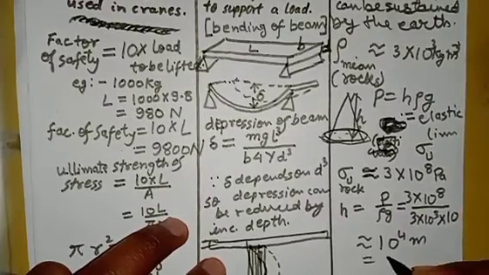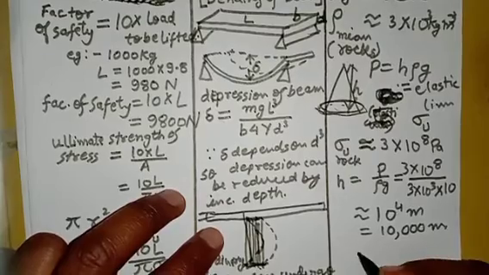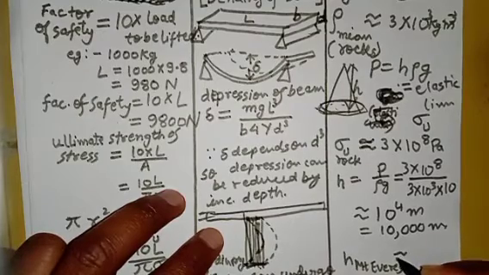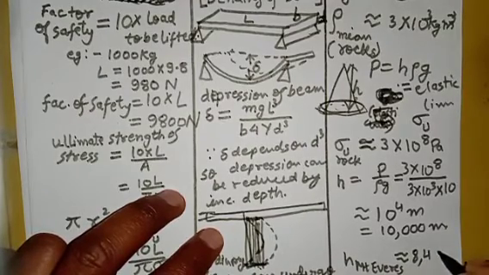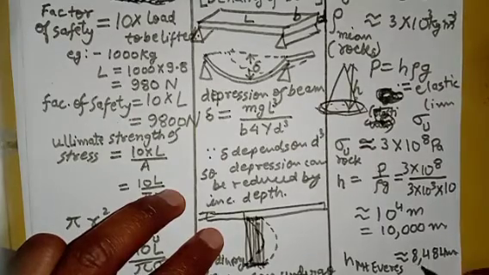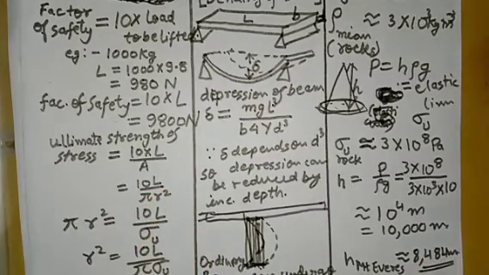And as per my general knowledge, the height of Mount Everest is nearly 8,484. If I'm wrong, write me in the comment, but this is close to the predicted height.